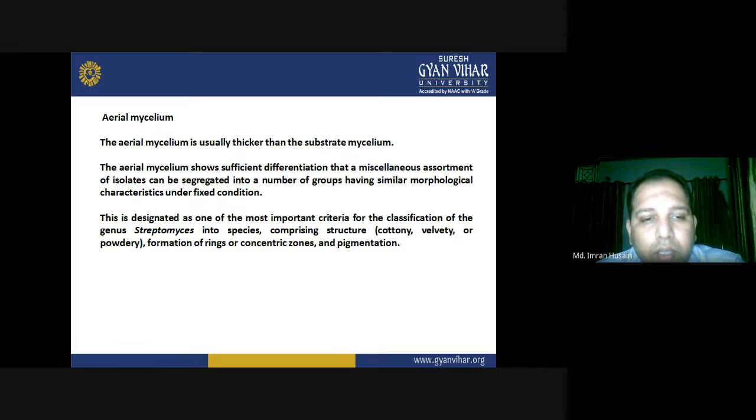That is designated as one of the most important criteria of classification of genus Streptomyces into species, comprising structure, cottony, velvety, or powdery, formation of rings or concentric zones, and pigmentation.